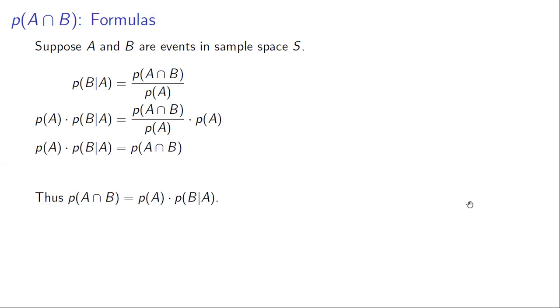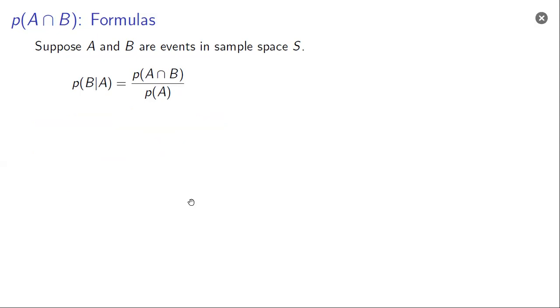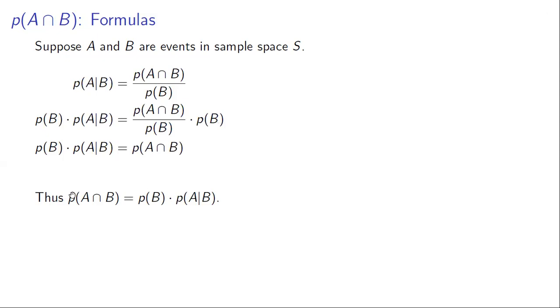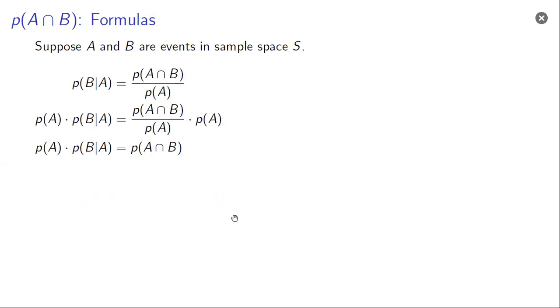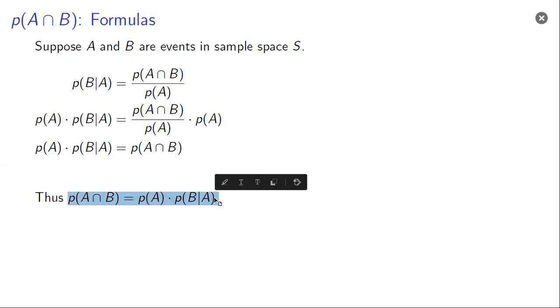So we are left with the probability of A intersected with B is equal to the probability of A times the probability of B given A. And this particular version of the formula is going to be most helpful. In other words, this one is not really helpful. You'll just see as you do examples that this one doesn't tend to be so helpful. But this one is the one that's helpful.